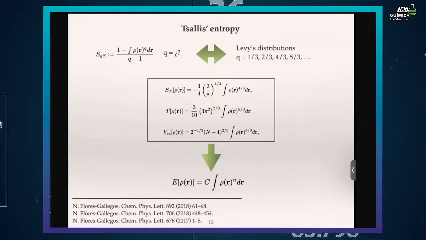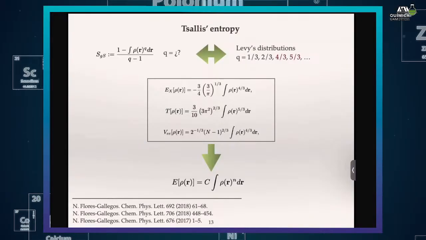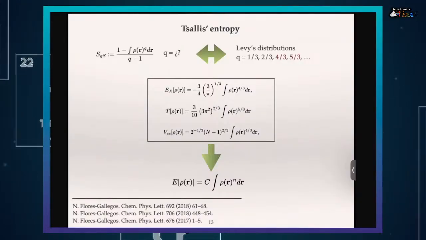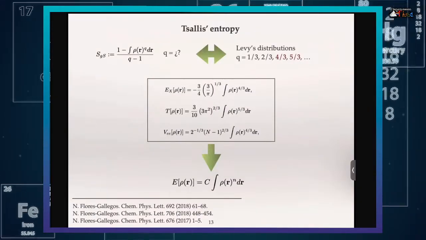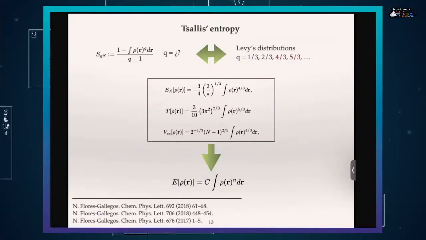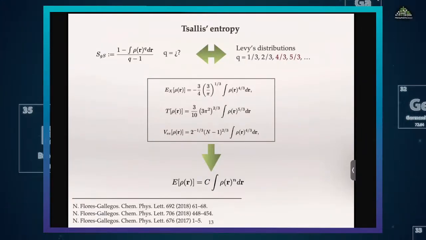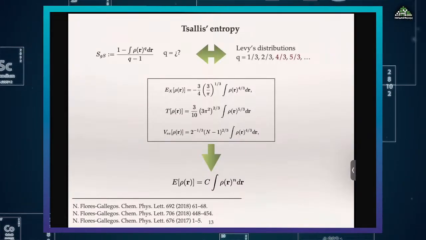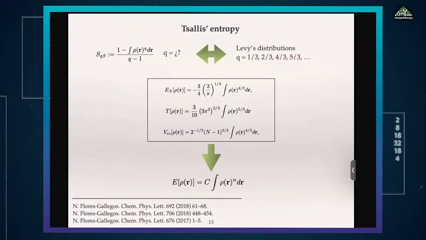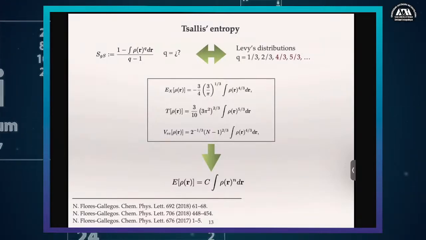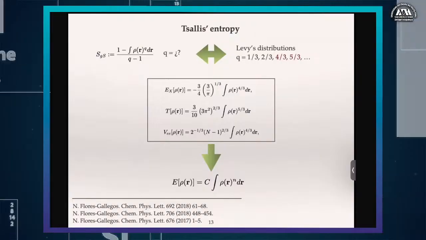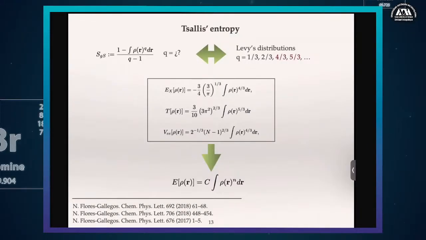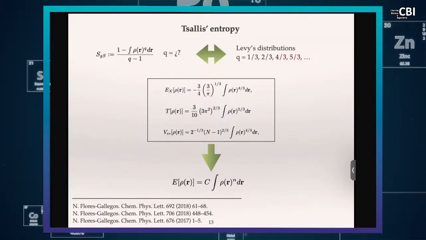Observe that in this case we have 1/3, 2/3, 4/3, 5/3. If we take 4/3 and 5/3 and plug them into this equation, we obtain exactly the same form as the local functionals. If we use 4/3, we obtain the exchange functional. With 5/3, we obtain the Thomas-Fermi kinetic energy functional and the electron-electron repulsion functional.